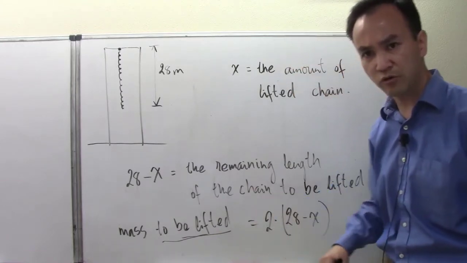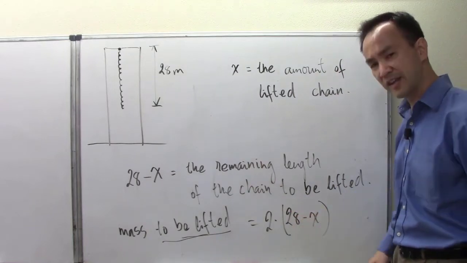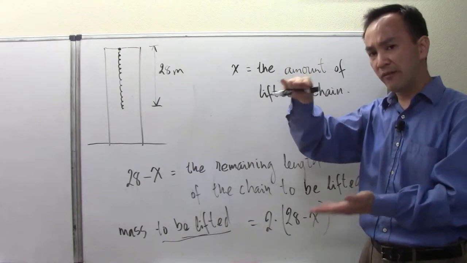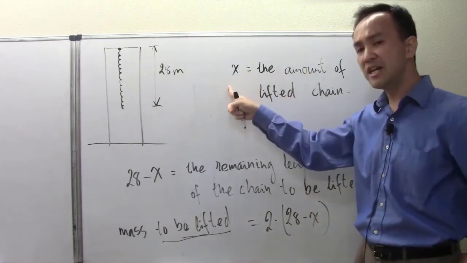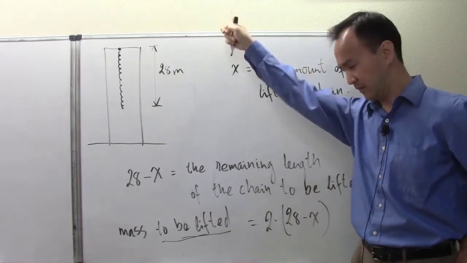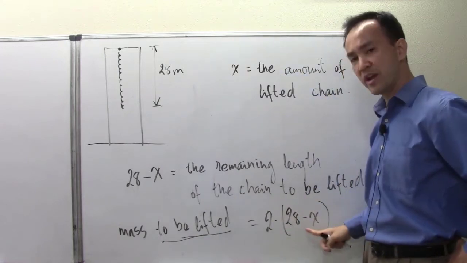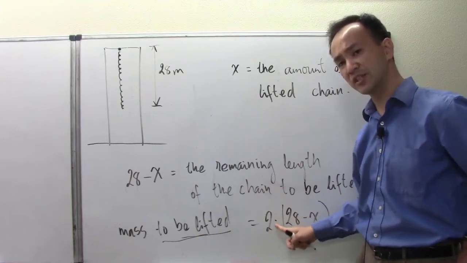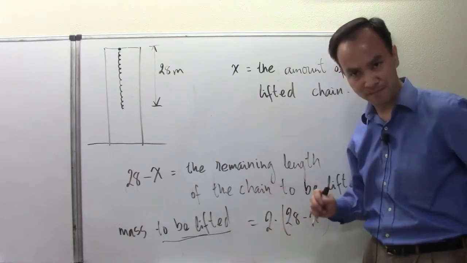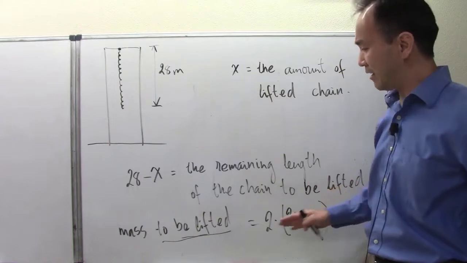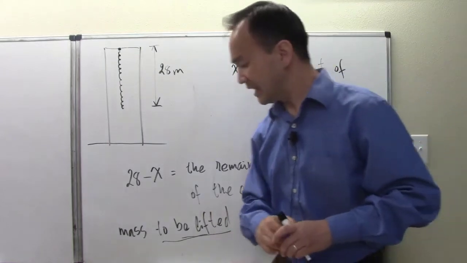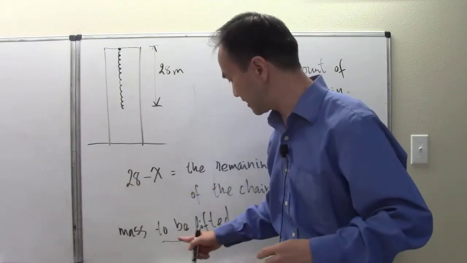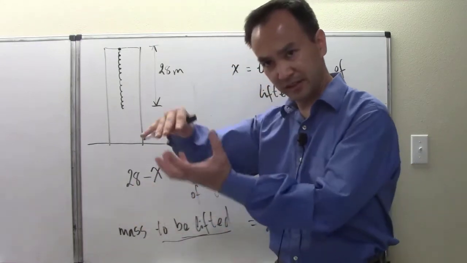That's how the cable is. So 2 times 28 minus X. At any instant where you have already pulled X meters to the top of the building, we always have 28 minus X length left, and together with the mass density, it's 2 times that length. And that's the mass. And then basic physics is telling us that mass is how much material.